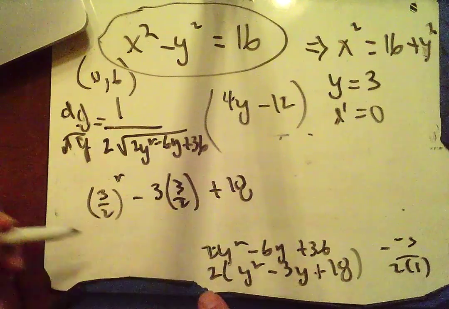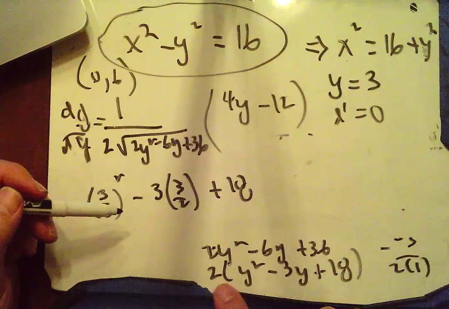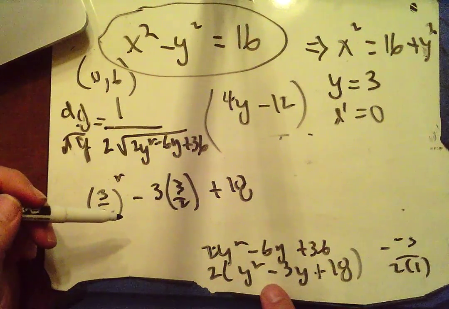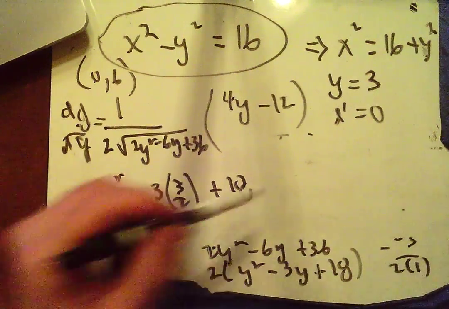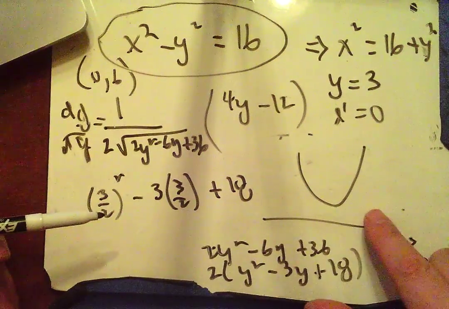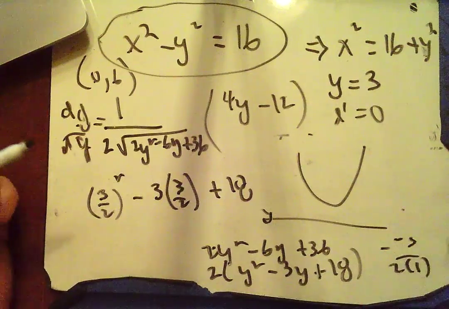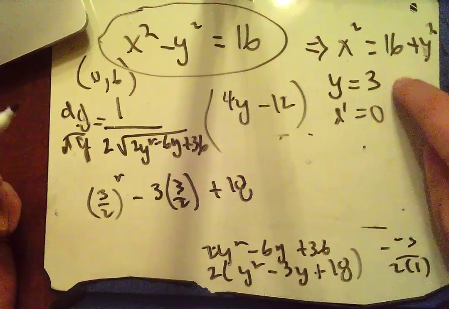And yes, I know there's a 2 outside. But what I'm going to do here is show that this input value for the vertex gives me a vertex whose value is positive, meaning that this graph doesn't have any x-intercepts, and therefore the derivative is never undefined, and we only have the one critical value.